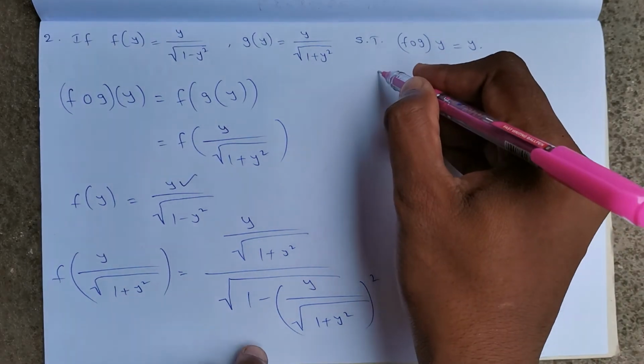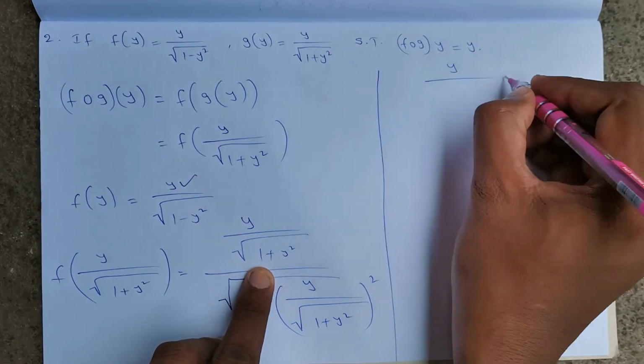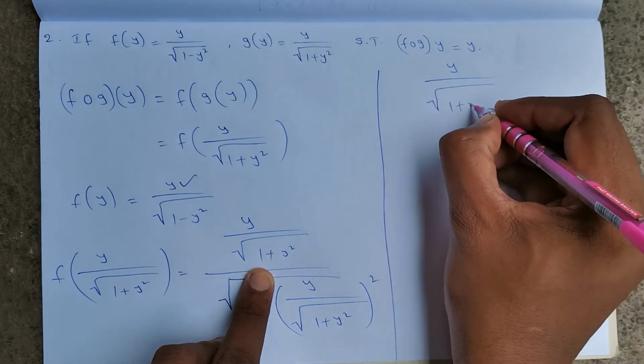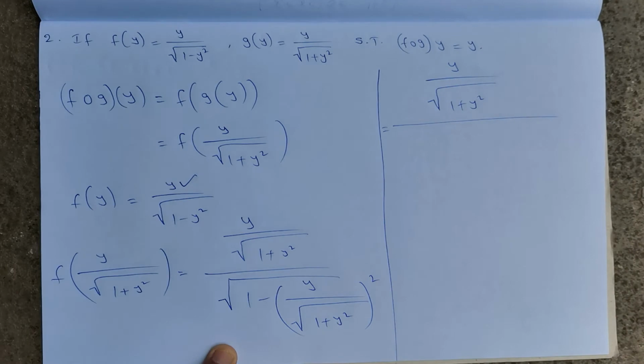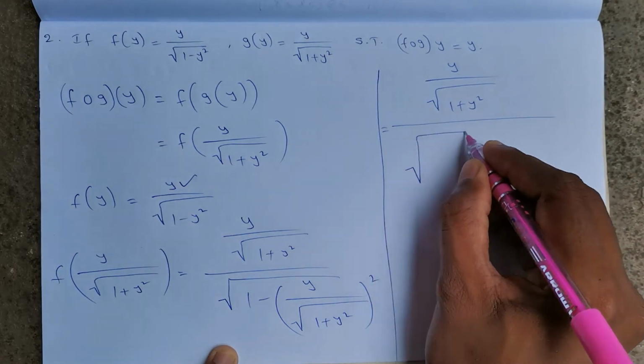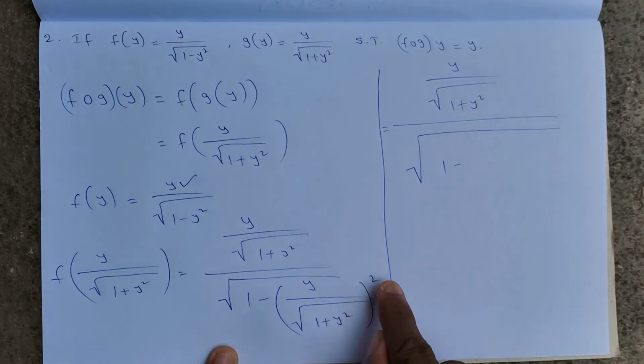So now if we simplify it, we will get this numerator as it is, y divided by under root 1 plus y square whole divided by under root 1 minus. Now if we observe this, y divided by under root 1 plus y square whole square, it means this square is for numerator as well as for denominator also.